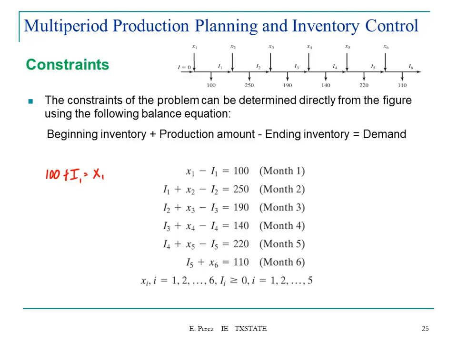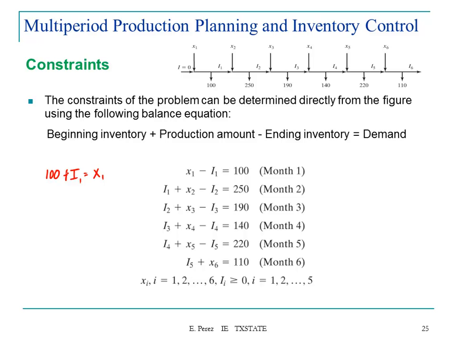And you repeat the process until you get to the last one. This one, you only have the inventory plus the production. You don't need to take anything to the next period because there's no demand here. So you only have I5 plus X6 equals that demand. Okay?